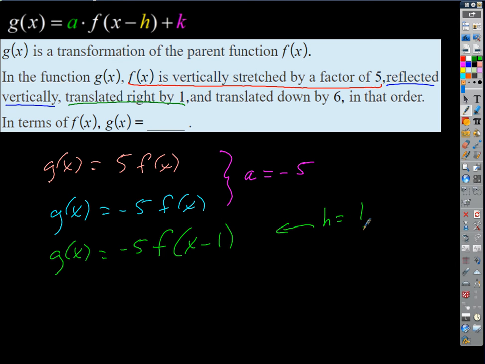And then finally, last step, make it yellow. If we go down by 6, subtract 6. It's just subtract something outside. Good. I'll stick that on the end, so there we get k equals -6, right? And that's it.